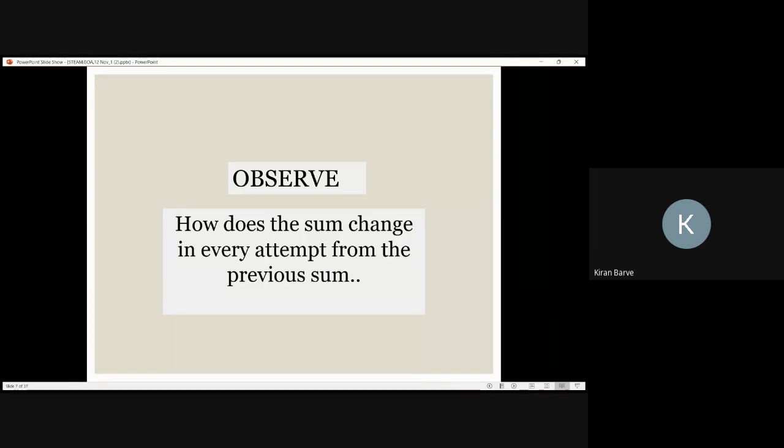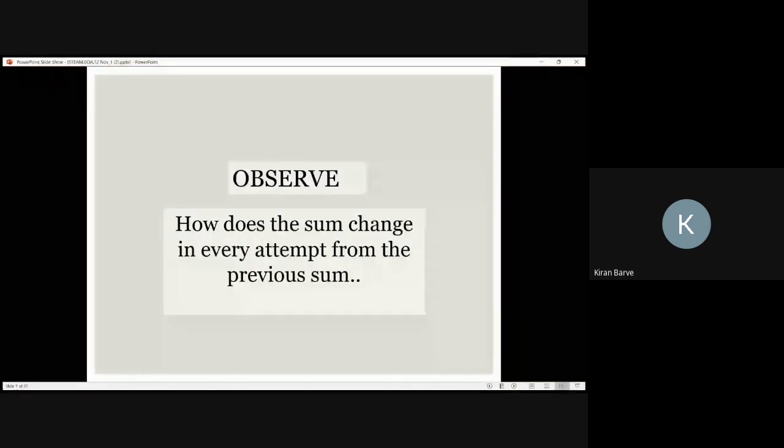So by how much has the sum increased? By 6. Now suppose there is a plus sign before 2, and my whole sum is greater than 0. So I make plus 2 to minus 2. By how much will the sum reduce? By 4. Next slide.